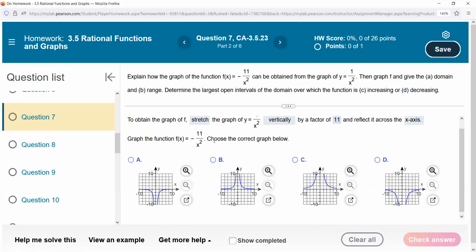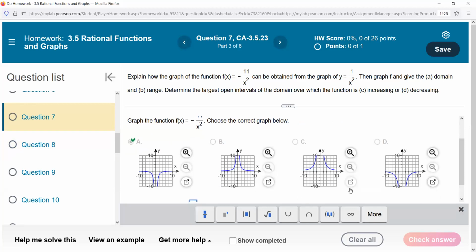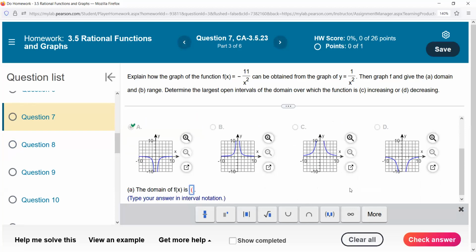And to obtain the graph, it's just a multiple choice. There was a reflection, the graph is narrower, so that's going to be the vertical stretch. And you need to select the domain and range. The domain and range is everything but 0. So the graphing is really multiple choice.